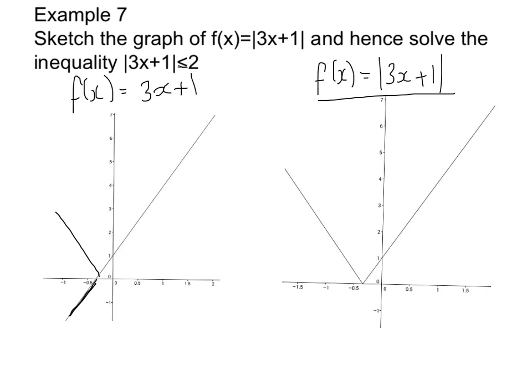We're now interested in when it's less than or equal to 2. Well, let's look at when it equals 2 here. At this point you've got the line that f of x equals 2, but I'm interested in all the points where it's less than or equal to 2.